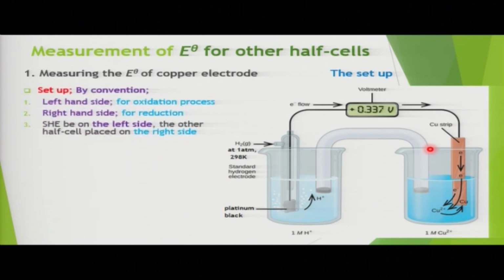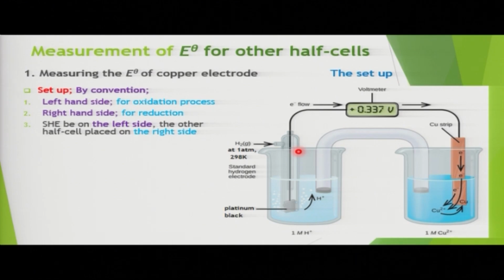A few points to note. In such a setup, we have the left-hand side and the right-hand side, according to the way you're seeing it directly. Do not refer it to your hands, just the way you're looking at the setup.